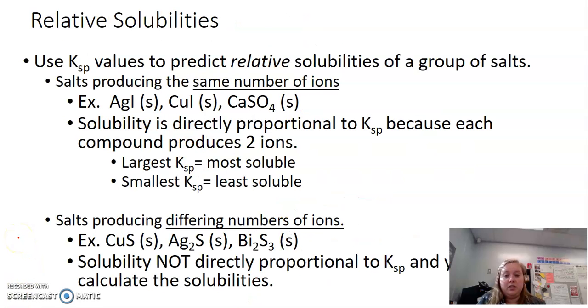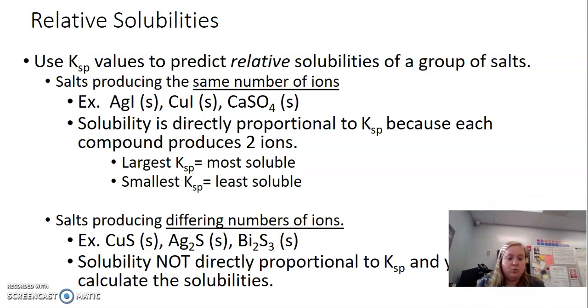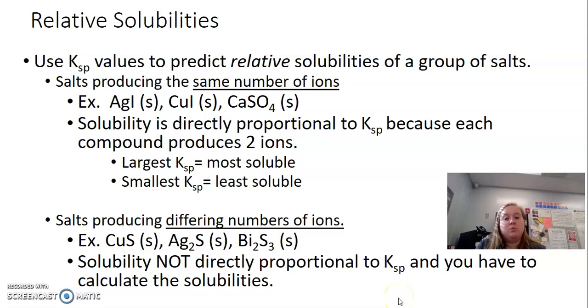And then we have some basic other information that you need to know, just some conceptual ideas. You can use the Ksp values to predict the relative solubilities of various groups of salts. The two types of salts we're going to look at are salts that produce the same number of ions and salts that produce a different number of ions. If we look at salts that produce the same number of ions, my examples here are silver iodide, copper 1 iodide, and calcium sulfate.